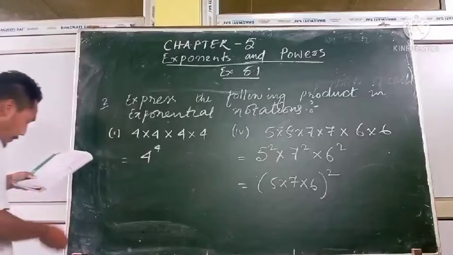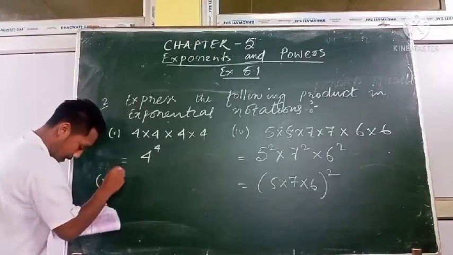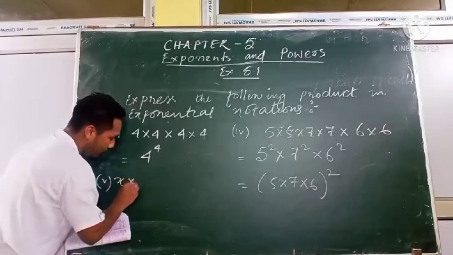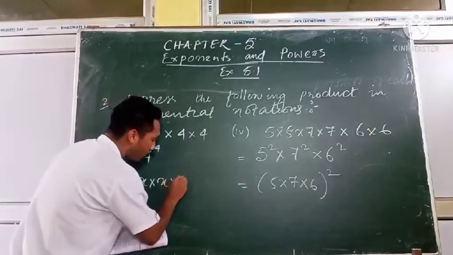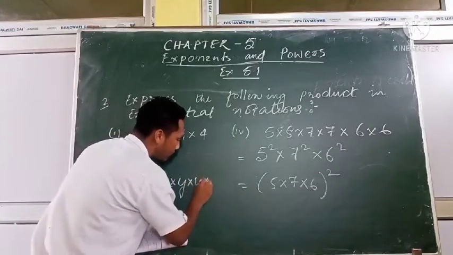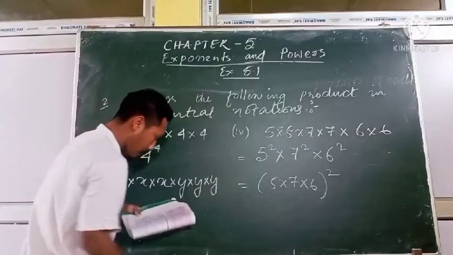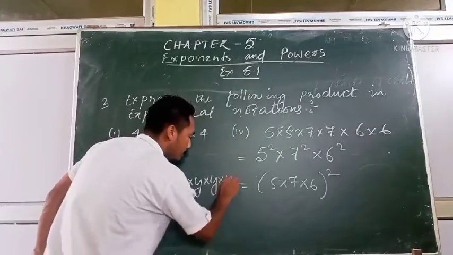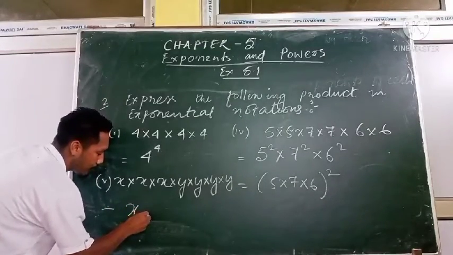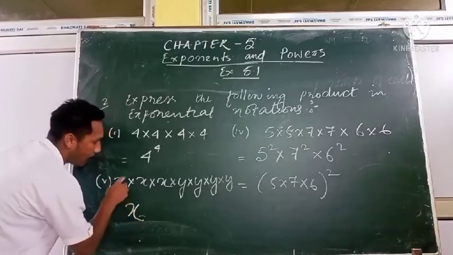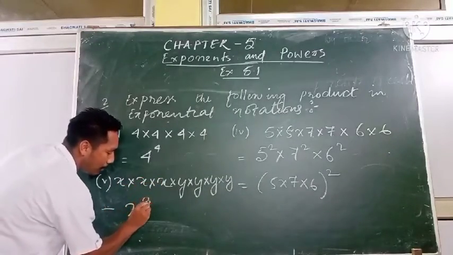Now the next question, question number 5: x into x into x into y into y into y into y. If I want to write this, x to the power 3, because we have 3 x's, 1, 2, 3, and I'm writing the power above.